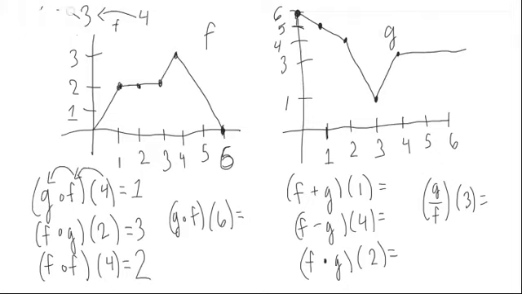Okay, let's take a look at another. All right. What about over here? Okay, now this, oh, wait a minute. Let's do this one. I didn't do that one. g of f of 6. So first we put 6 into f. So 6 goes into f and it outputs 0.